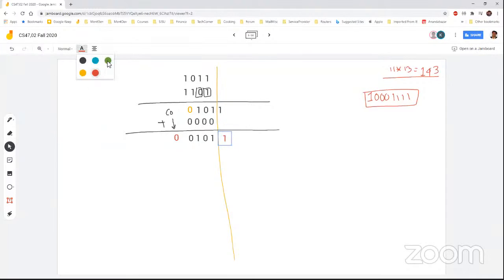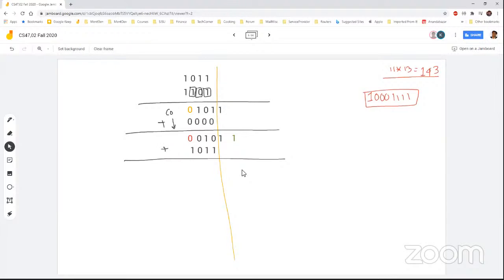Let me color code it. Now we shift. Along this process of shifting, we are shifting this and we are shifting the carry. Now we do the next one, which will give me the same number. Now we need to do an addition.